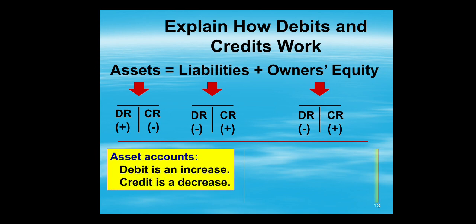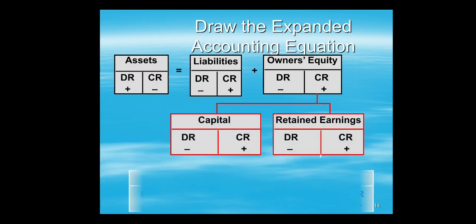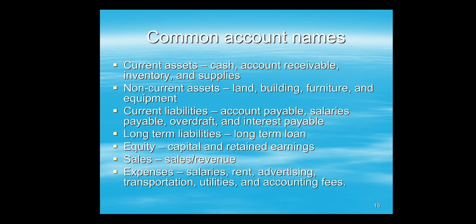I have explained this in the previous lecture. And then I have explained about this. These are common account names that we use in accounting. In accounting, when we record business transactions, we record in accounts. So these are the common account names.